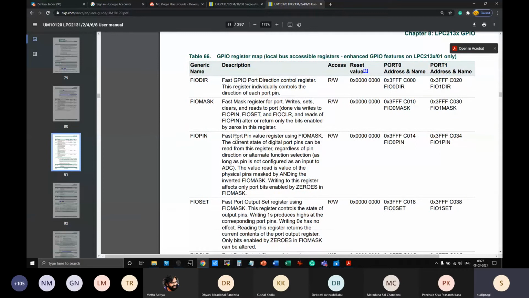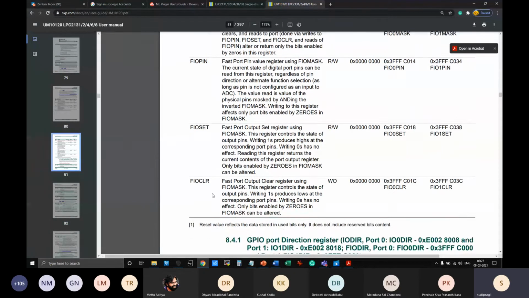As you know, GPIOs can also be accessed through the ARM7 local bus, and that is called fast GPIO. That fast or low latency GPIO can be accessed through another set of registers.